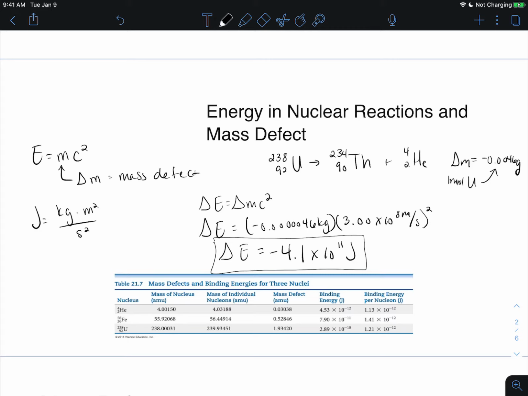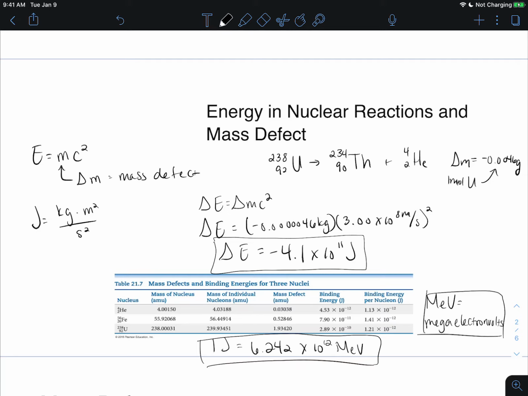So we can then convert this into MeV, which is mega electron volts, which is a common binding energy unit. So we would say that 1 joule is equal to 6.242 times 10 to the 12 MeV, where again, MeV is mega electron volts.